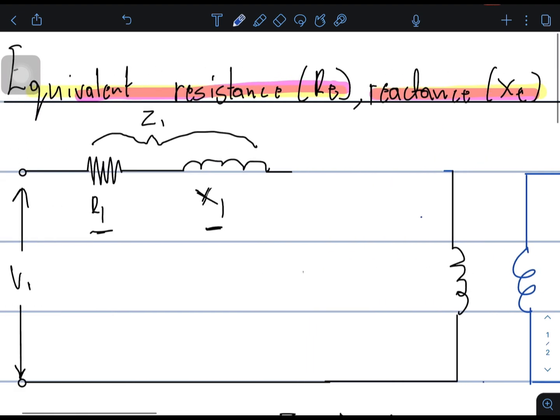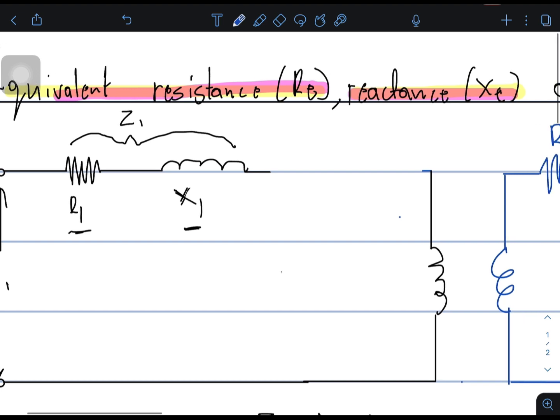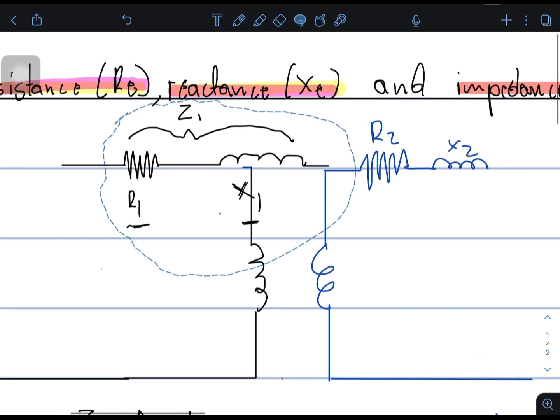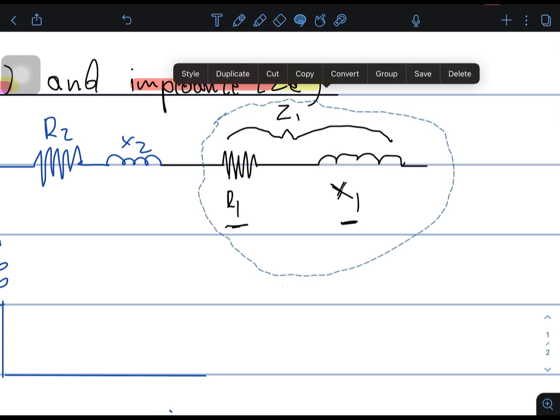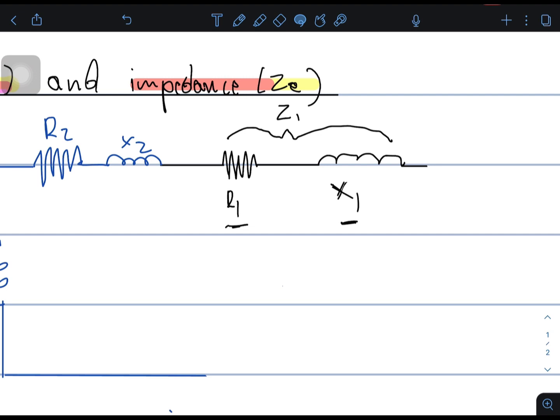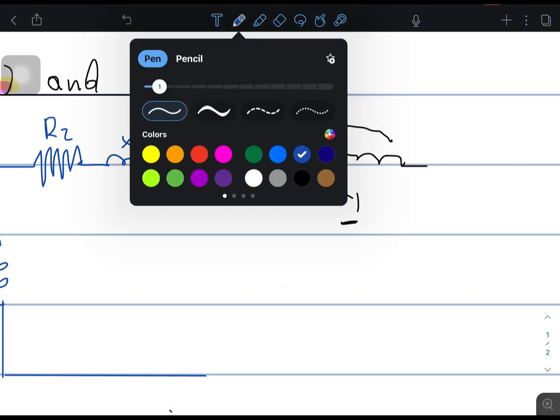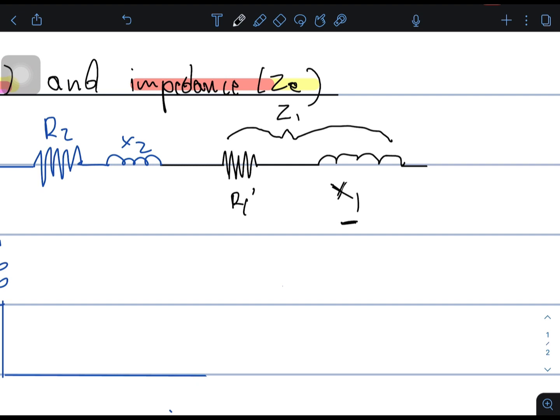What we are doing now, guys, we are taking the resistance of the primary winding and the reactance of the primary winding to the secondary circuit, and in the secondary circuit, we no longer say R1, we say R1 prime to signify that we have referred this resistance to the secondary winding.